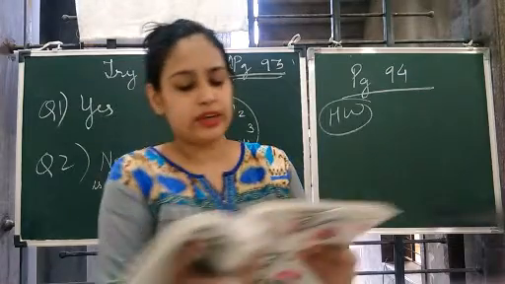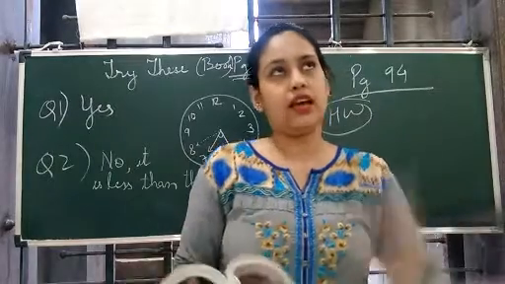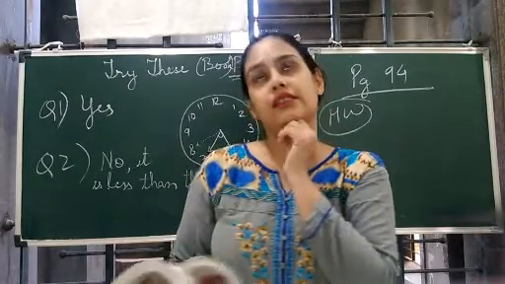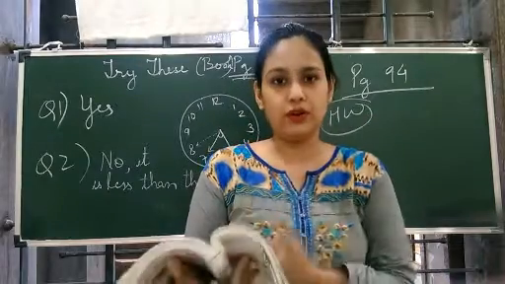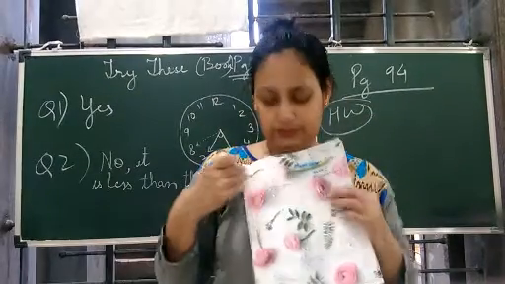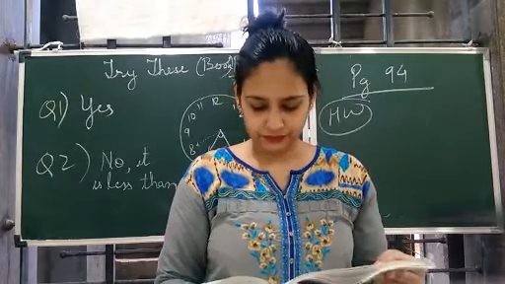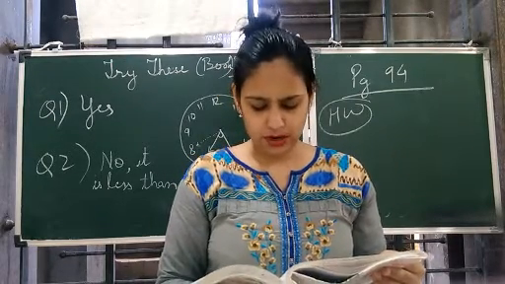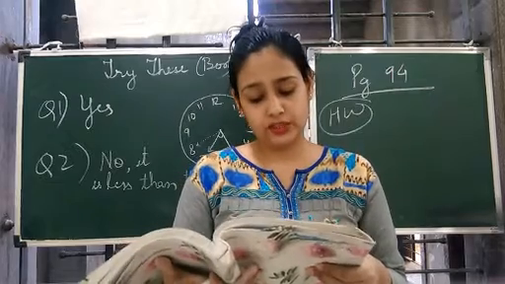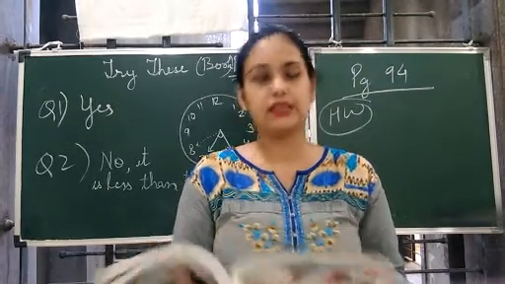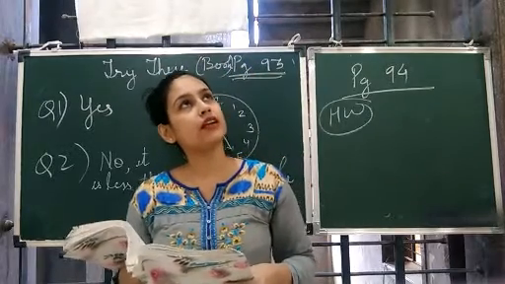Then list 10 situations where the angles made are right angles. You can take a book, maths book, because the angle made here is a right angle. List 5 situations where obtuse angles are made.